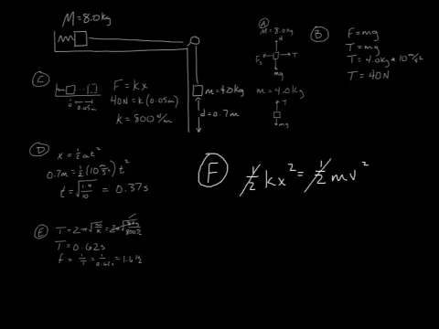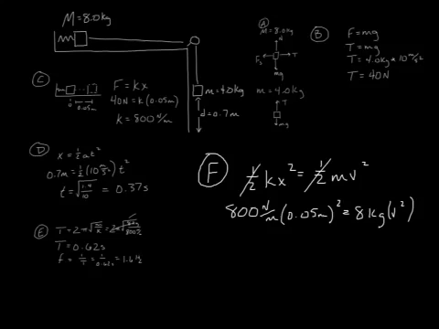For k, we will substitute the spring constant, 800 newtons per meter, multiplied by the distance the spring is stretched, 0.05 meters squared. We will set that equal to the mass of 8 kilograms times velocity squared.